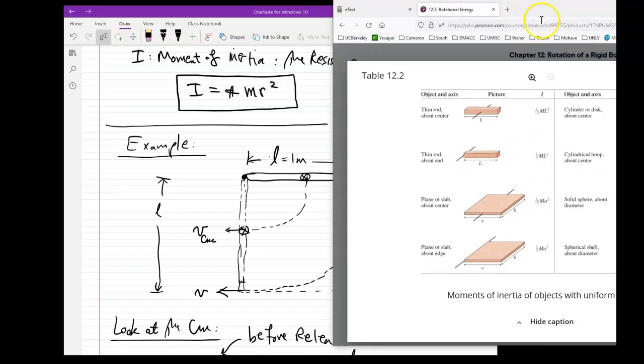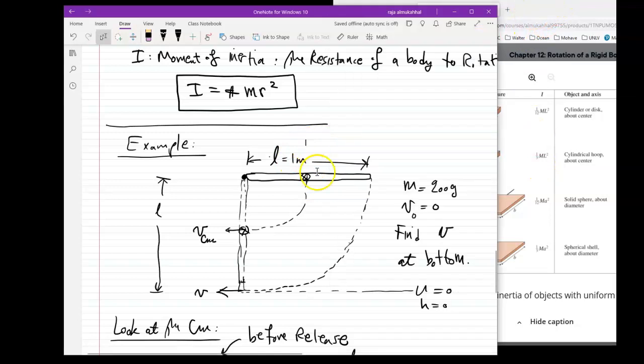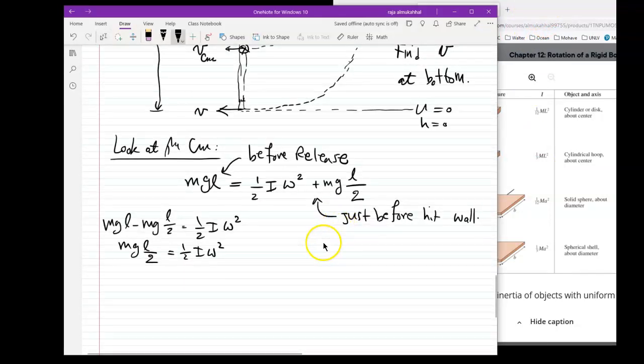So that's the value of I that we're going to be using. So go back to this. That's going to be mgl over 2 equals 1/2 times 1/3 ml squared times omega squared.